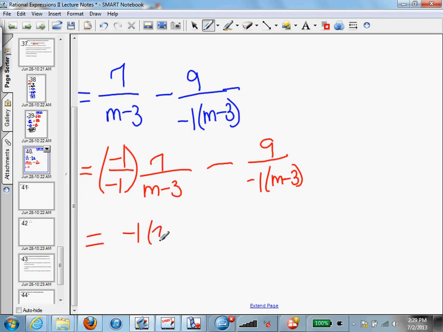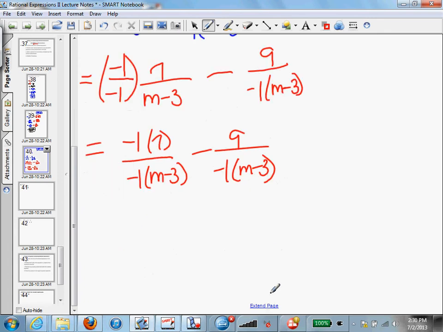Simplifying across, we have negative 1 times 7 over negative 1 times the quantity m minus 3 minus 9 over negative 1 times m minus 3.